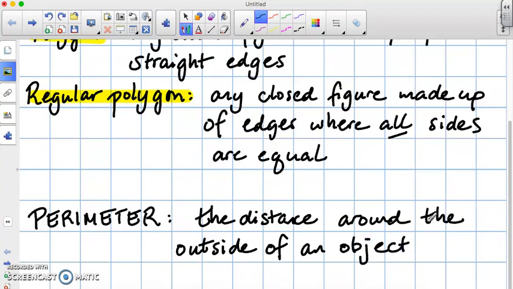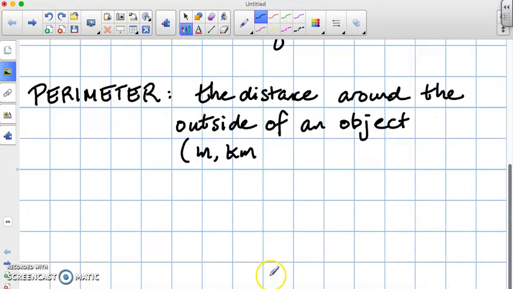And think to yourself, what units of measurement do we usually deal with when we're looking at perimeter? Oftentimes we have meters, we have kilometers, we have centimeters, or we have millimeters. So those are often the units of measurement when we're dealing with perimeter.